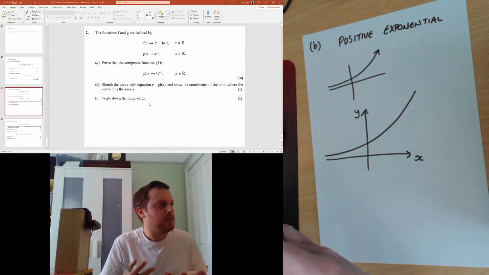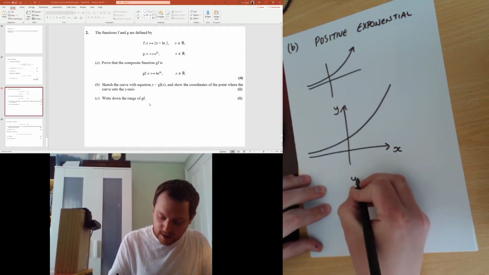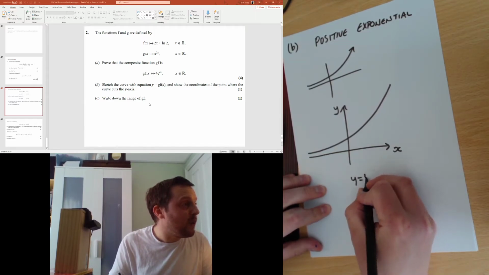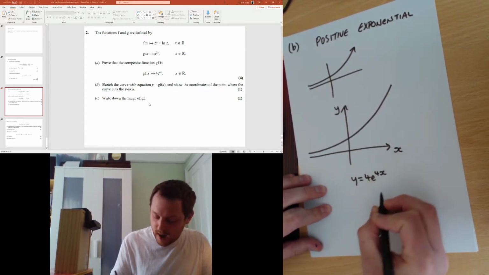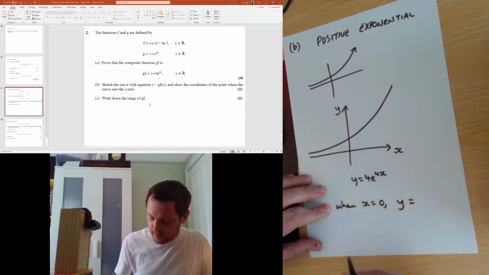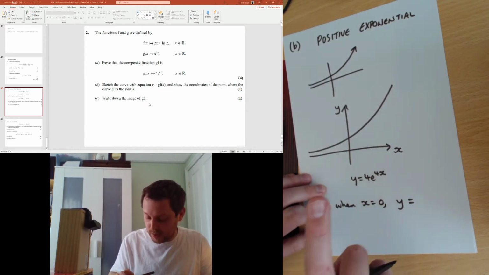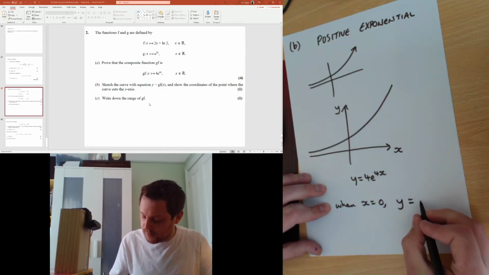So the question is a simple one. What is y? If y is 4e to the 4x, what is y when x is 0? Well, when x is 0, 4 times 0 is 0, e to the 0 is 1, 4 times 1 is 4.